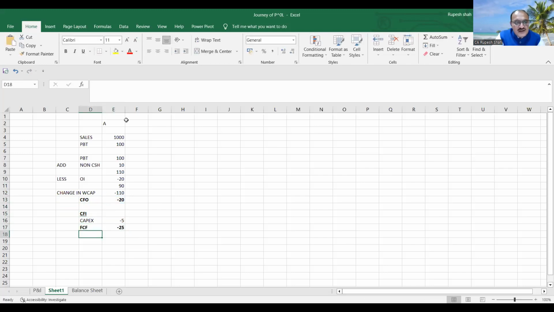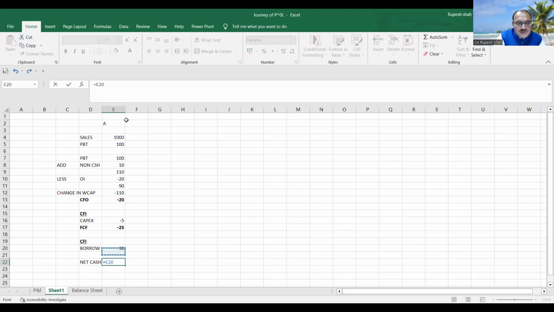Correct? And this deficit I have to fund. So in my financing bucket, I will borrow. Say I borrow 30 crore. So ultimately my net cash is what? 30 minus 25, so 5 crore is my net increase in cash. So this is the story of one company.